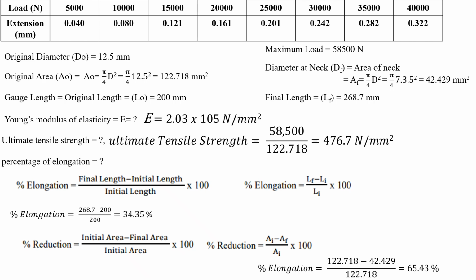We know the original area is 122.718 and the final area is given in the data, AF equal to 42.429. Then substituting the AI and AF values in the percentage of reduction equation, we get the percentage of reduction equal to 65.43%. So this is the solution and thank you.